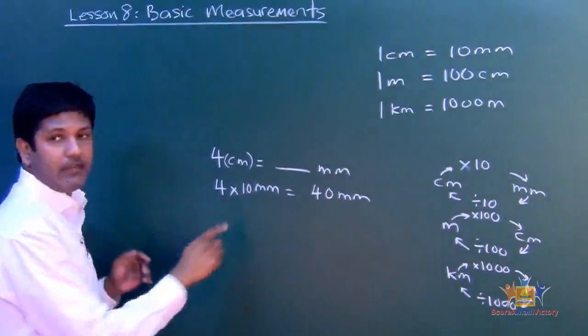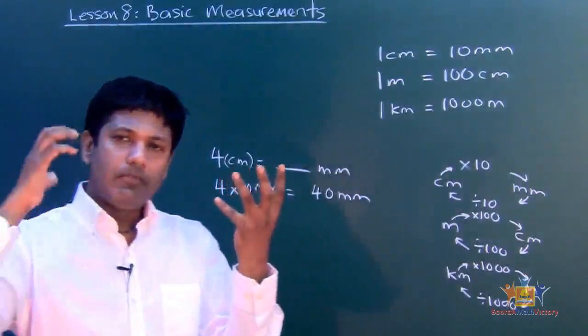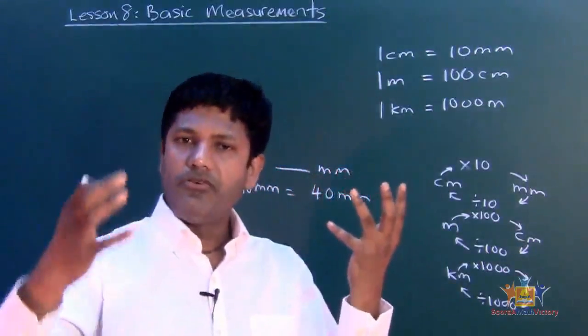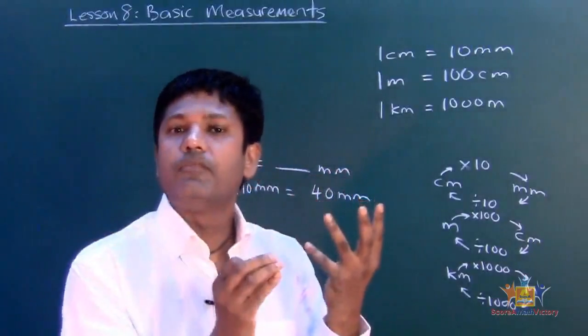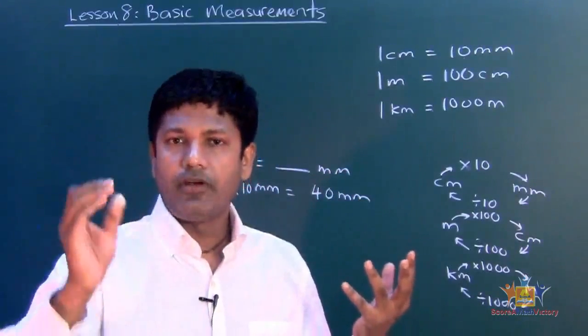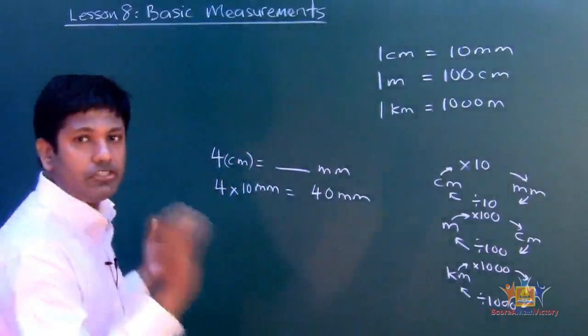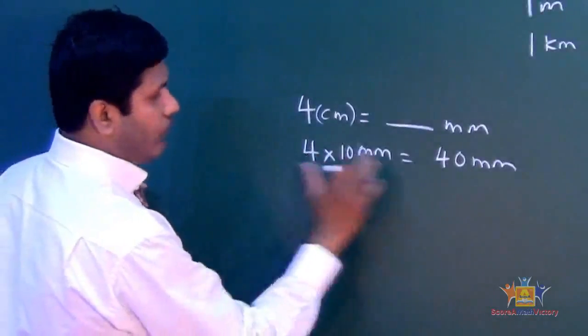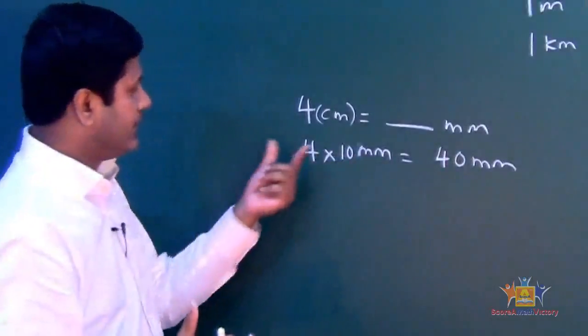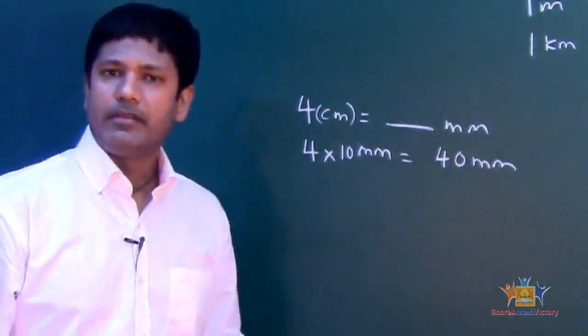Whenever you multiply by 10, 100, or 1000, you just add the zeros behind it. See the 4 and add one 0 behind it. So 4 times 10 is 40 millimeters.